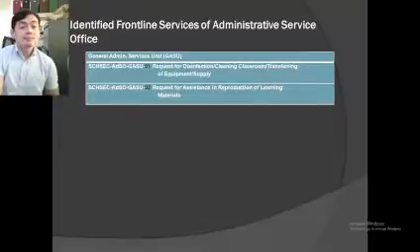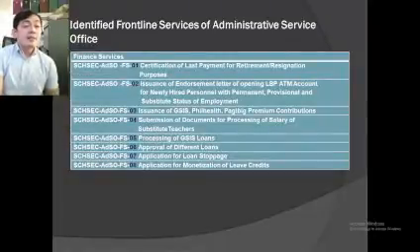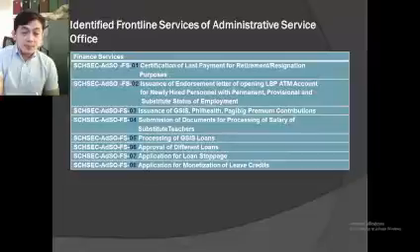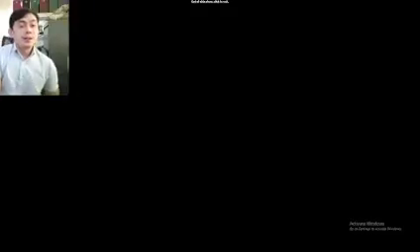And in Property and Supplies there were 4. And then in Finance Services there were 8 services.